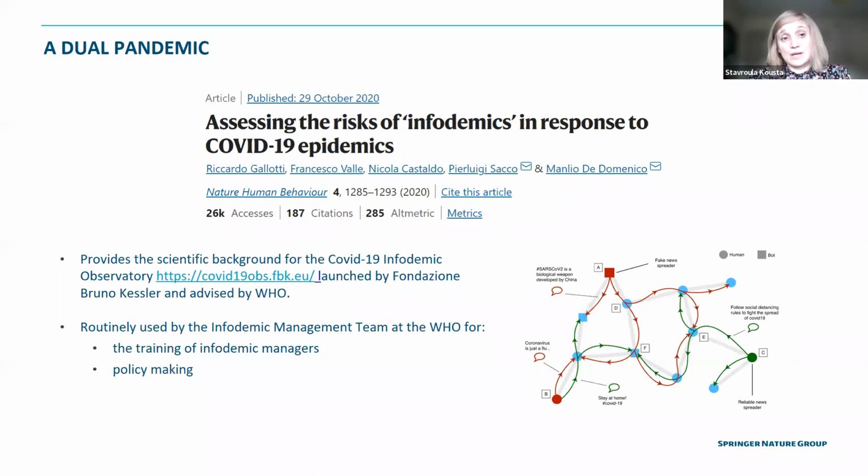And we've actually had a dual pandemic, some people argued. The virus on the one hand and viral misinformation on the other. In this paper, the authors assessed infodemics. Infodemics are epidemics of false information in the context of COVID-19.